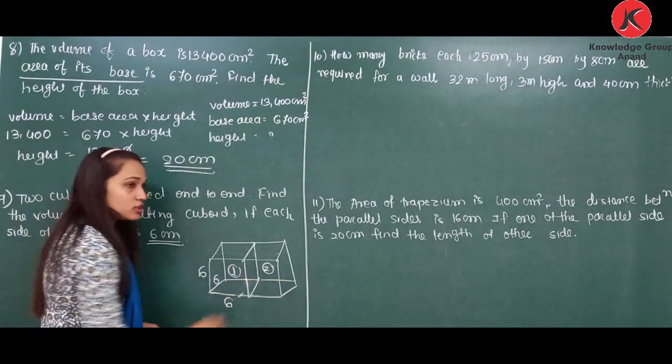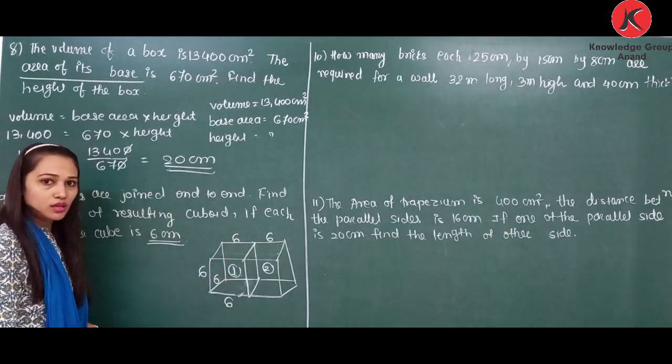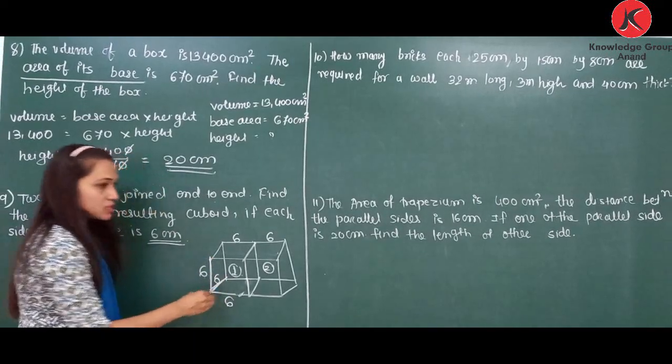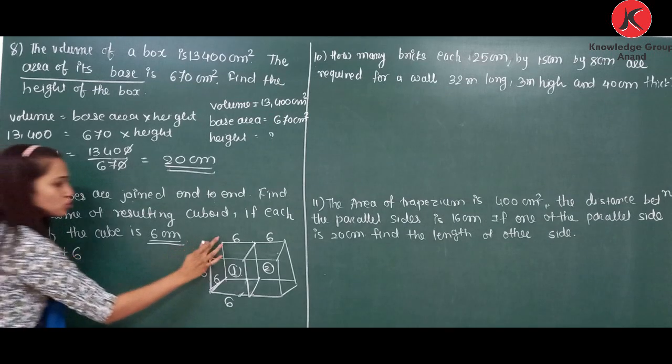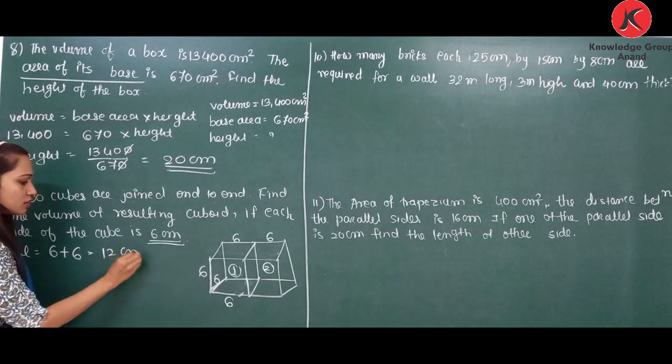Now if we join these two cubes, this length will be 12 and this height remains 6, breadth remains 6. So here we can consider length will be 6 plus 6. Why? Because if you join them, length will be double, so it is 12 centimeters.